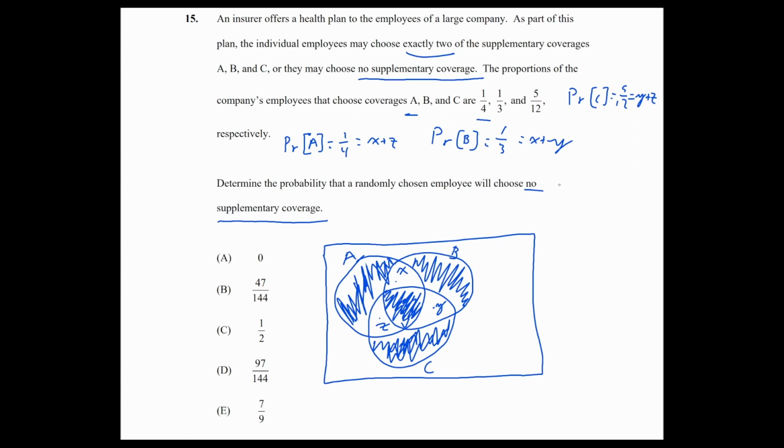So X is equal to 1/4 minus Z. Now let's find what Z is equal to from the probability of C. So Z is equal to 5/12 minus Y. And let's plug these into the probability of B. Let's plug in X first, and then we'll plug in Z afterwards.